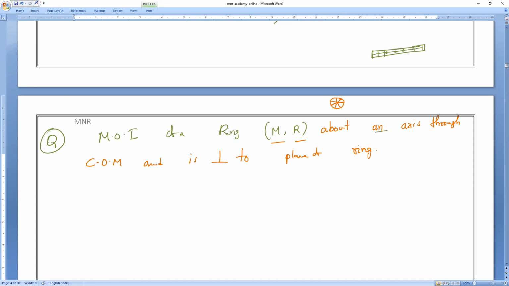The axis of rotation is passing through the COM, but it is perpendicular to the plane of ring. If I keep a ring on a base, it has two axes, one is the y-axis, another is the x-axis. Now the axis of rotation is passing perpendicularly to the plane. Which axis? Exactly, the z-axis.